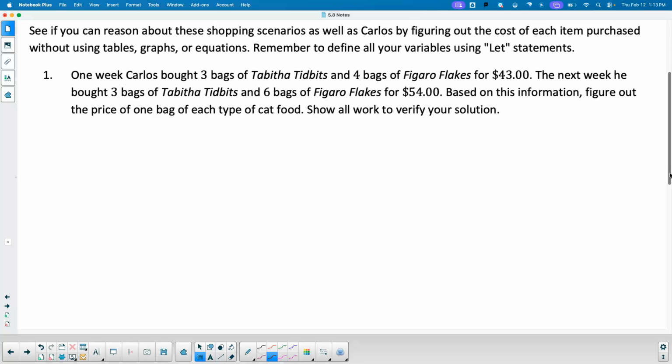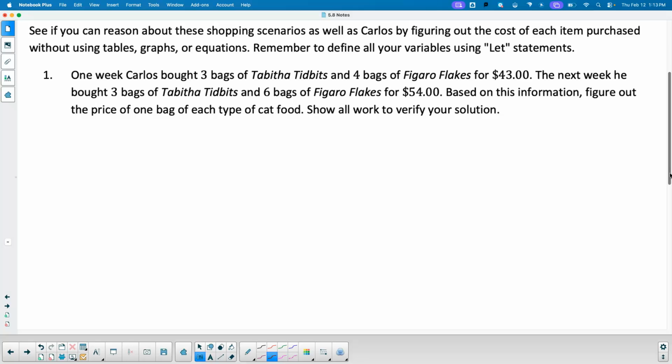The next week, he bought 3 bags of Tabitha Tidbits and 6 bags of Figaro Flakes for $54. Based on this information, figure out the price of 1 bag of each type of cat food and show all of our work. Okay? All right? So we need to figure out what? What do we need to figure out right from the jump?